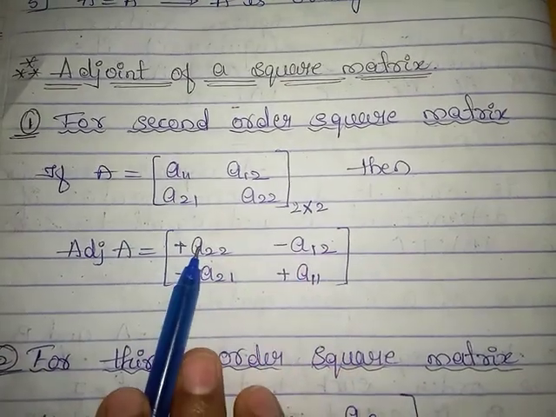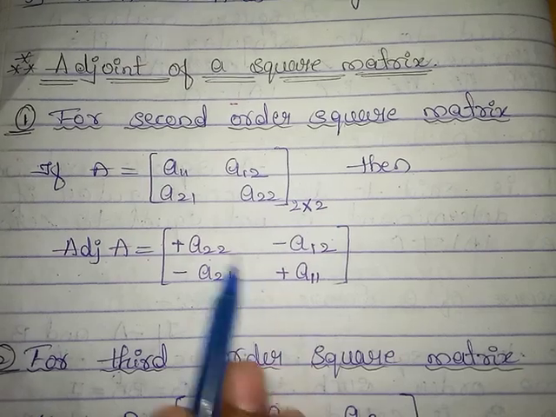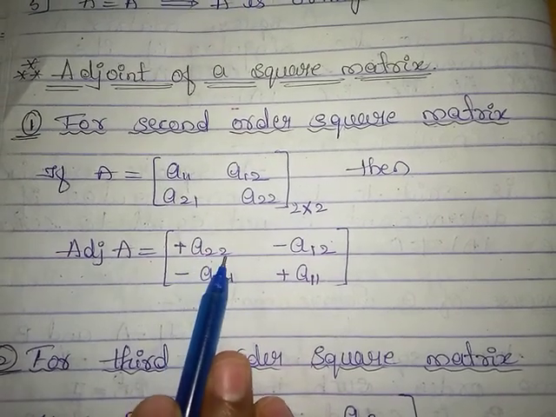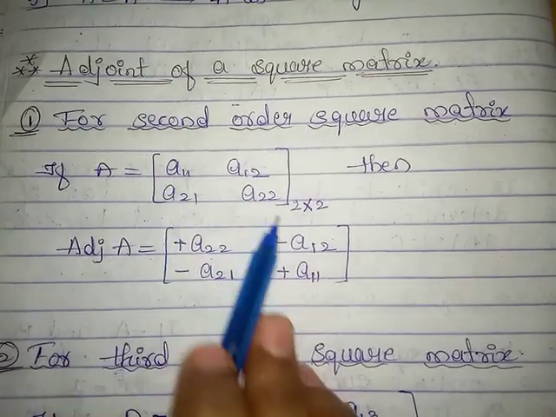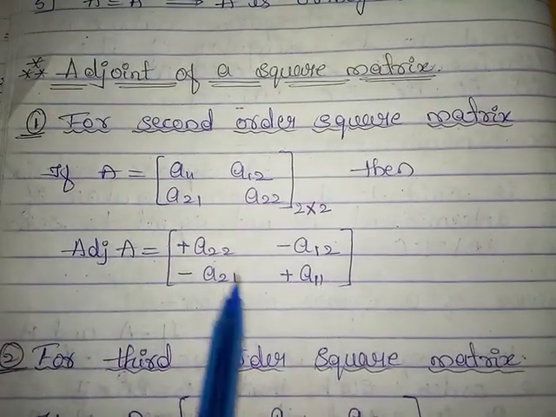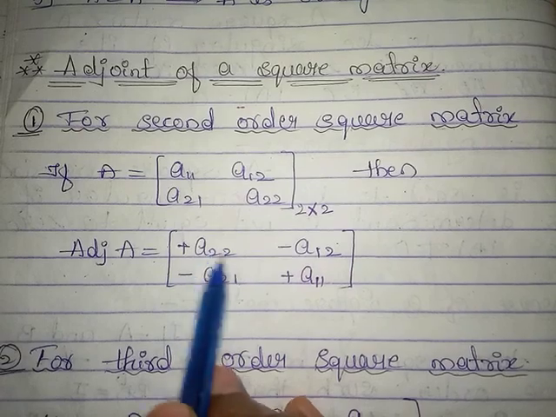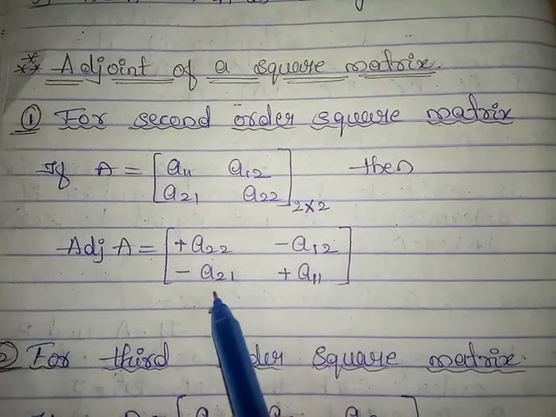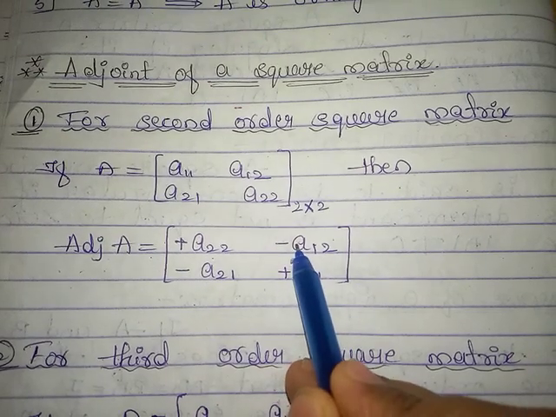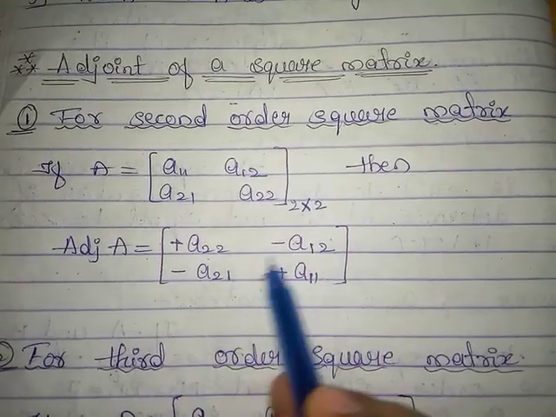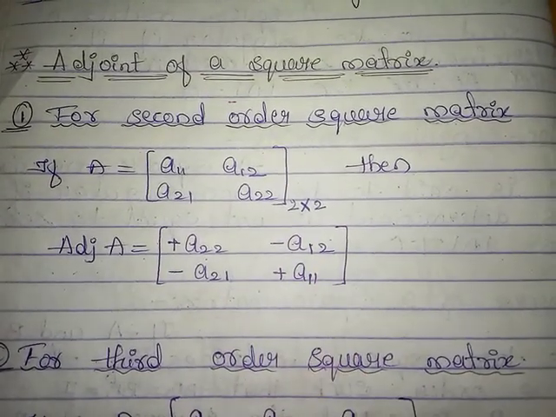Here I am interchanging the diagonal elements, which means it is A22. I am taking this element here, that is A22, and this element here, this is A11. Do not change the signs of the diagonal elements, and change the sign of non-diagonal elements. Do not change the place of the non-diagonal elements.